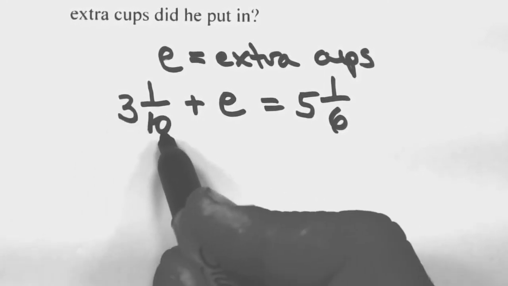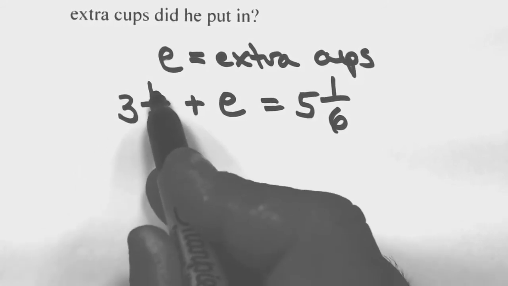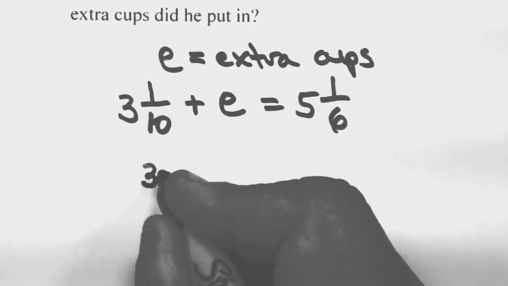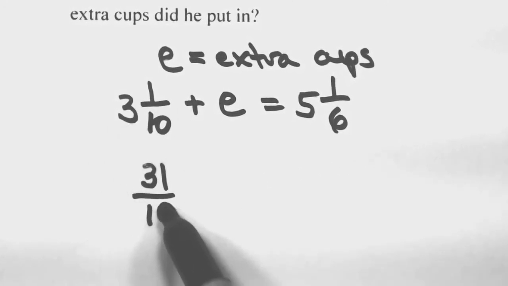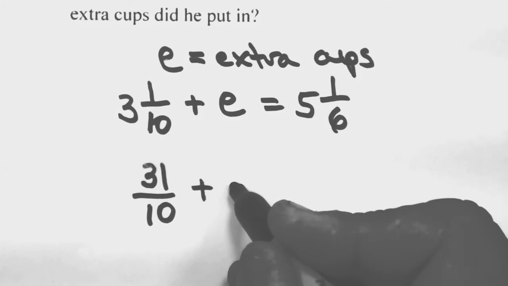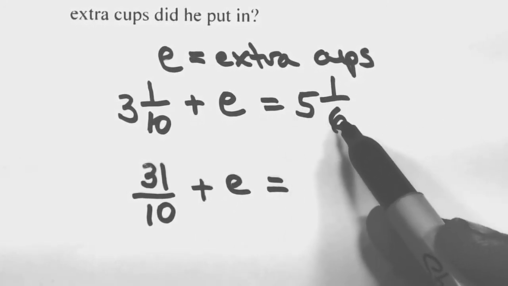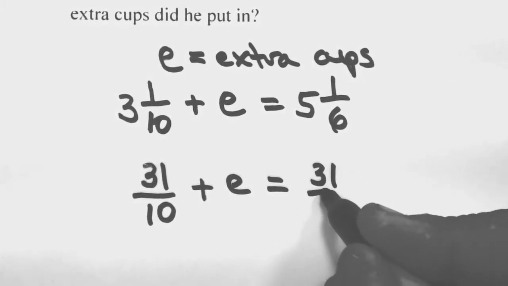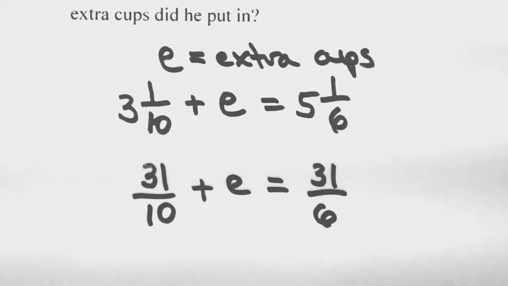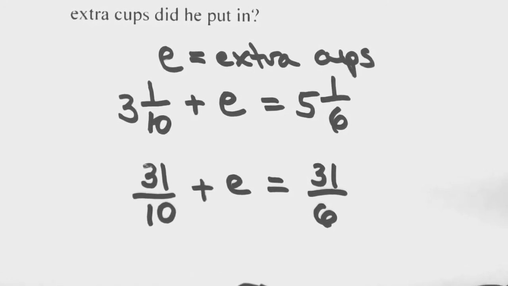Okay, let's convert these guys to improper fractions. 3 times 10 is 30 plus 1 gives me 31 over 10. Okay, that's the 3 1/10. Plus the extra equals, now over here, 5 times 6 is 30 plus 1 is 31/6. So the 5 1/6 became 31/6, 3 1/10 became 31/10.